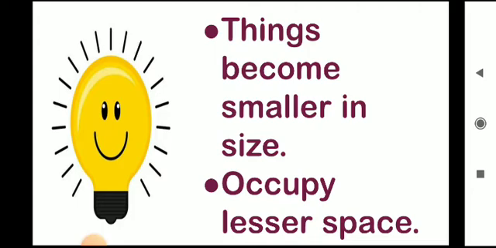Clear? When we expand anything, its size increases, it needs more space, right? And when we contract anything, what will happen? Things become smaller in size and they need lesser space. They occupy lesser space. Clear? This question clear or not? Do you have any confusion?